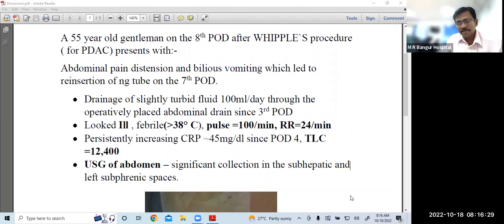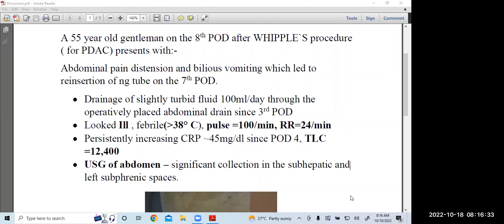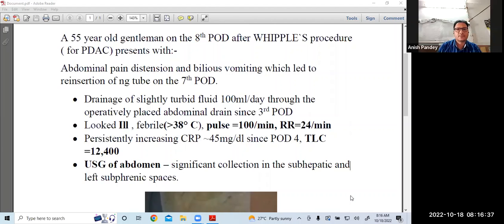Now, can you classify pancreatic leak? Sir, pancreatic fistula may be classified as external or internal. In the internal, it may be pancreatico-peritoneal or pancreatico-pleural, sir.